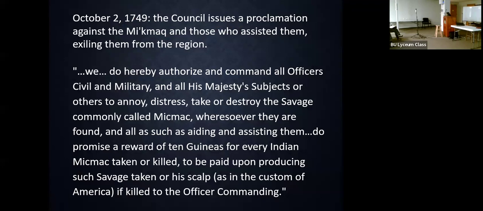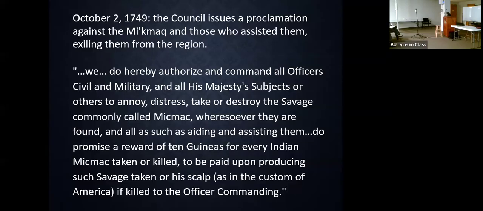they issue a proclamation exiling them, authorizing command to all officers, civil and military, to annoy, distress, take, or destroy the savage commonly called Micmac, wheresoever they are to be found, and such as are aiding and assisting them.